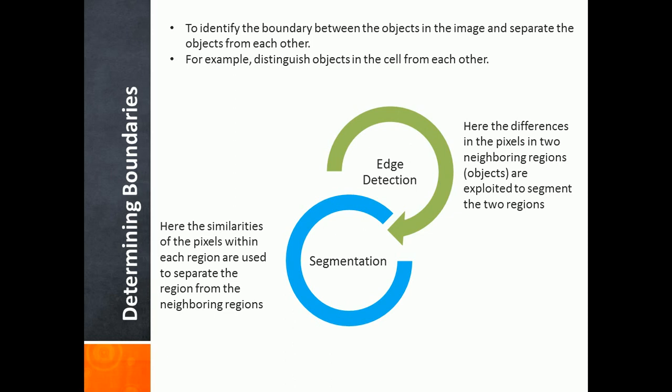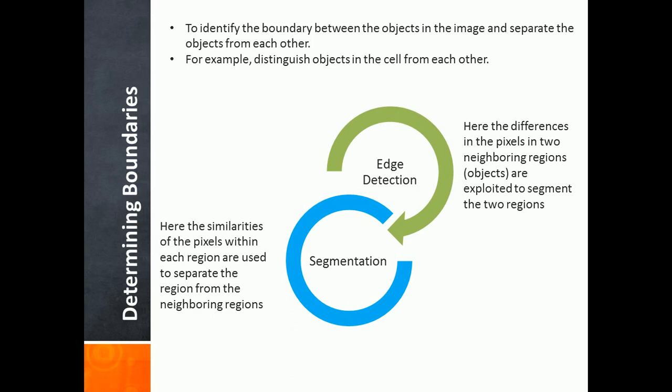It's usually done in two ways. One is edge detection and the other is segmentation, which are in fact very similar techniques. In edge detection, you explore the differences between neighboring pixels, and that's why it's called edge detection. When there are differences, they are amplified.